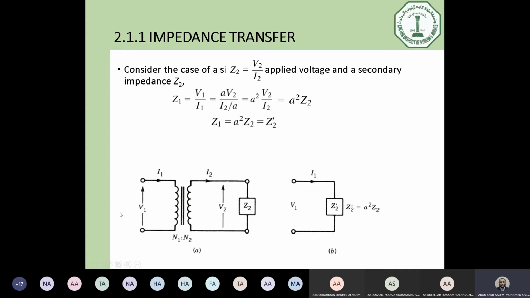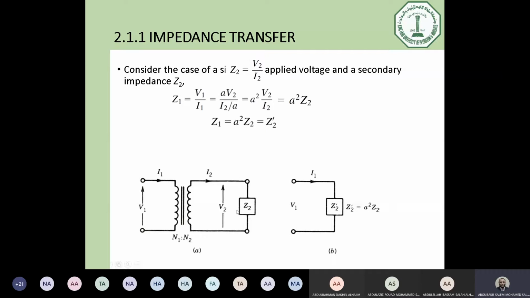However, for the primary side, we refer all values or all parameters as ones. We have I1, the current of primary side, and the voltage on primary side is V1. Now, will the value of Z2 be the same value seen by the supply at V1 or not? It's a question.